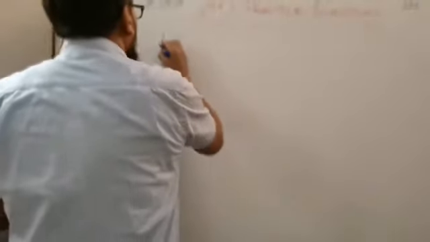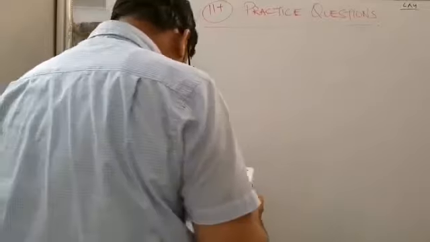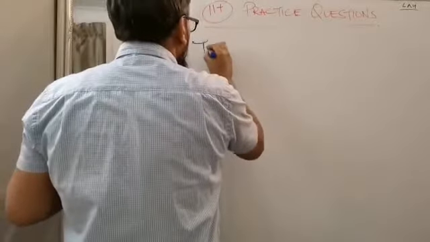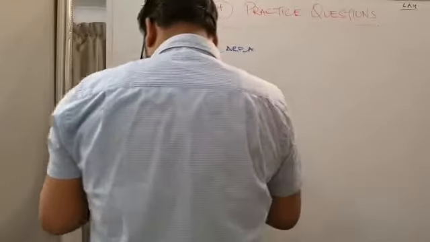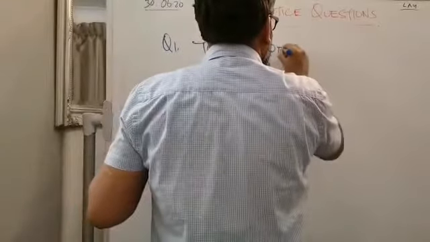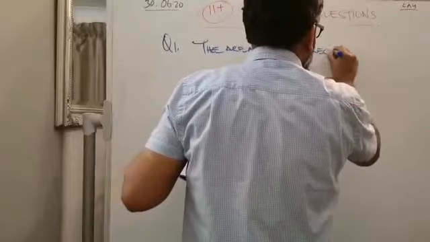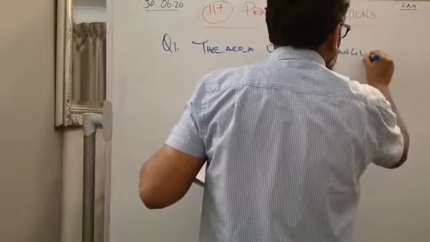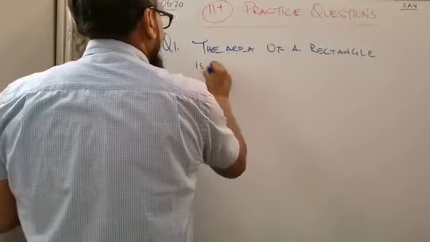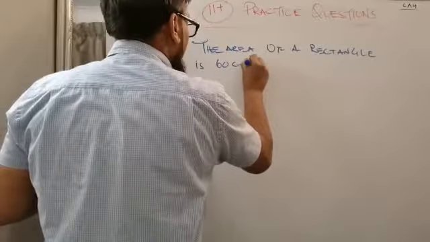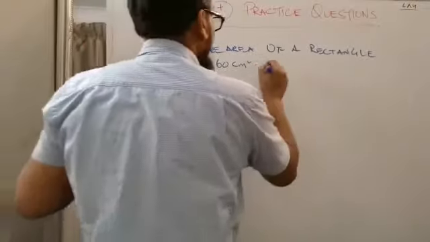So move on to question number 1, which is the area of a rectangle. They are giving you the area of the rectangle is 60 centimeter square.